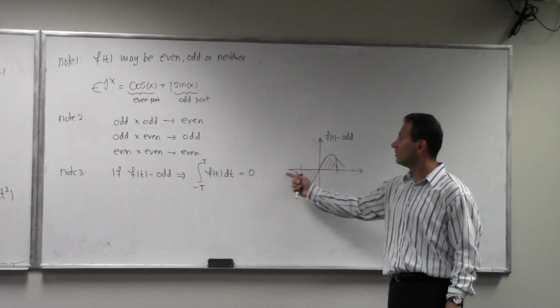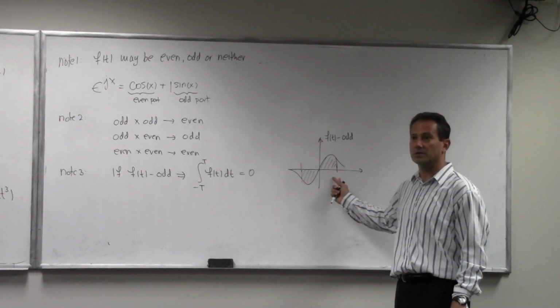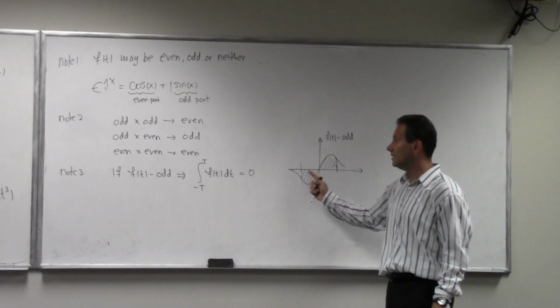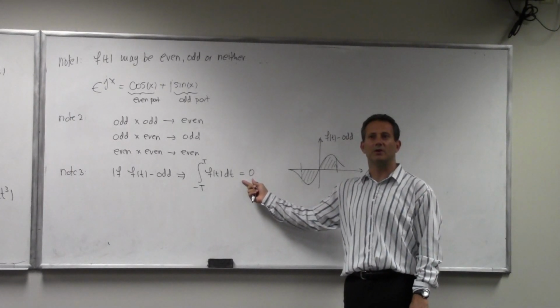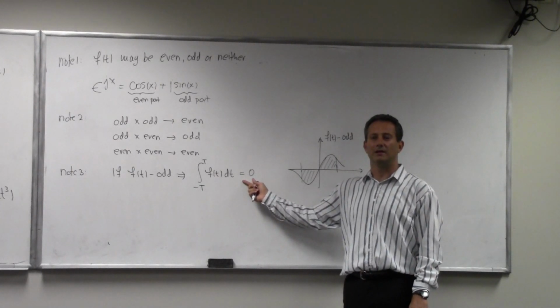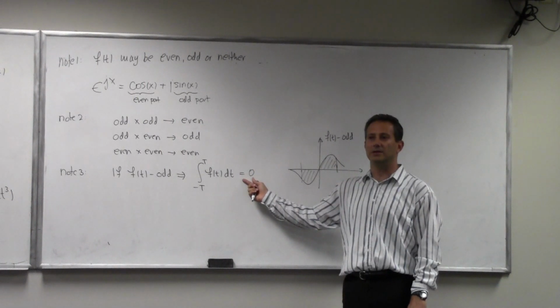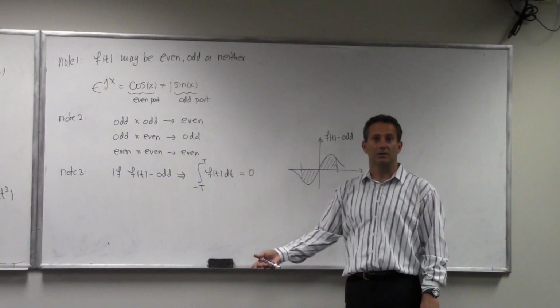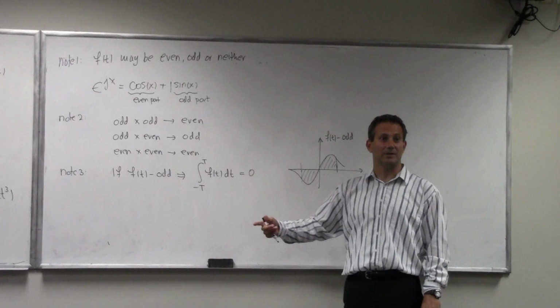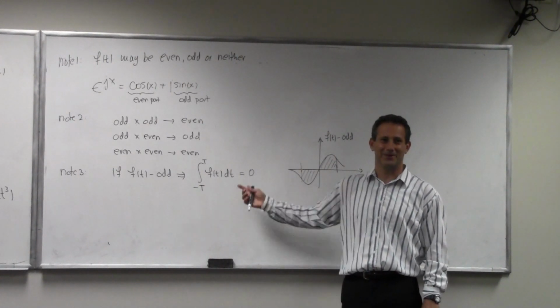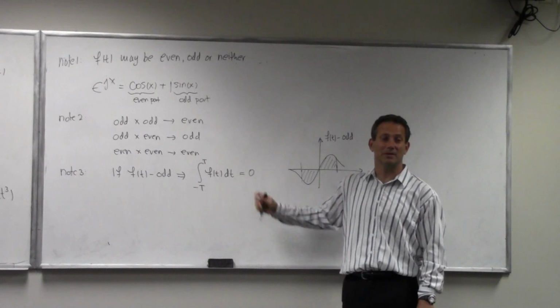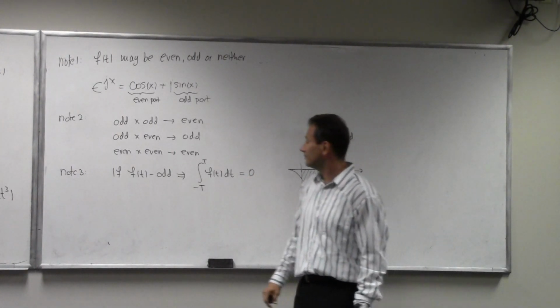So the integral of the odd function in symmetrical borders is equal to 0. And this will help us tremendously, right? Because a lot of times integrals are going to be really complicated, and if you identify symmetry, you just set the result. If you don't identify symmetry and you start computing, chances are you're going to make a mistake, right? So always look for symmetry. Symmetry is always a good friend of ours.